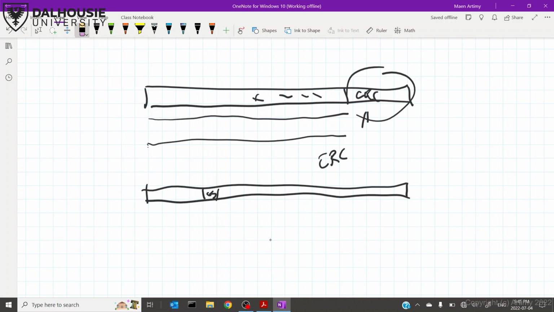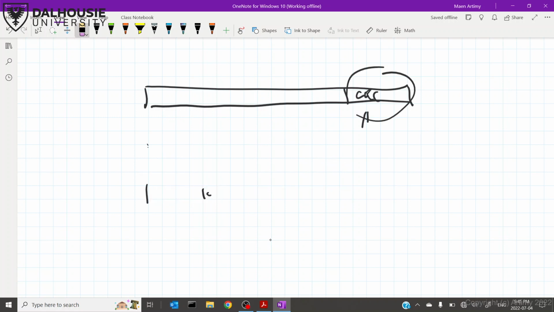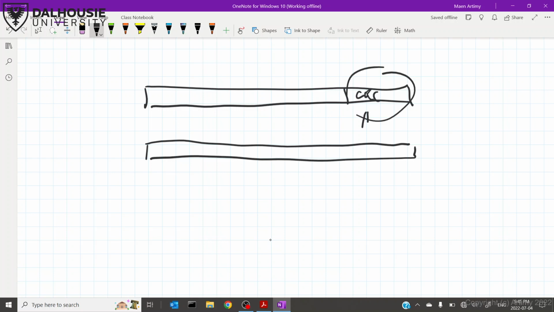The interceptor, the hacker, can create a new message based on the original one. What they do is change pieces of the message and then calculate a new CRC. So the destination will not know that the CRC it received is different from the original one. It has no way of knowing, right?